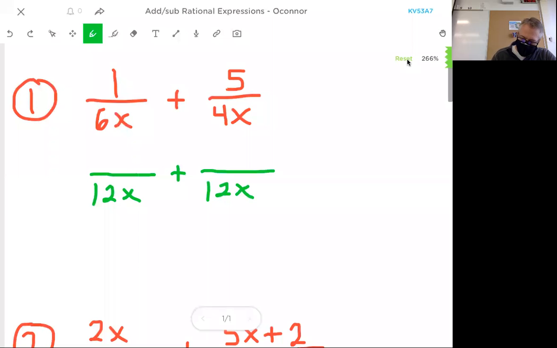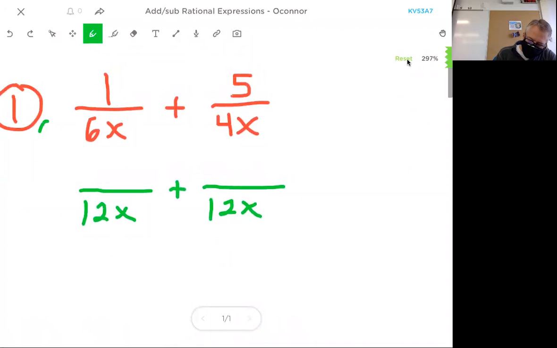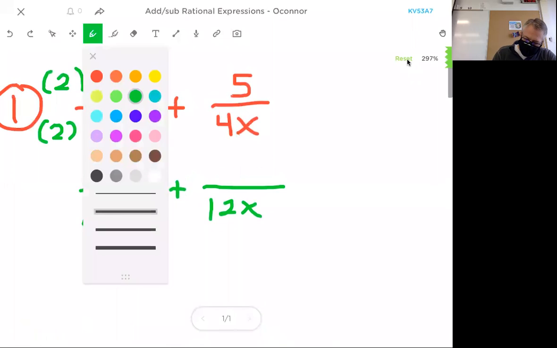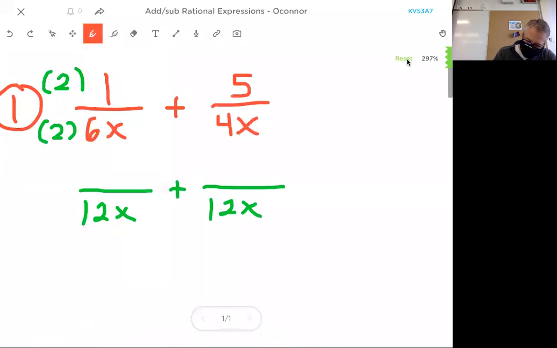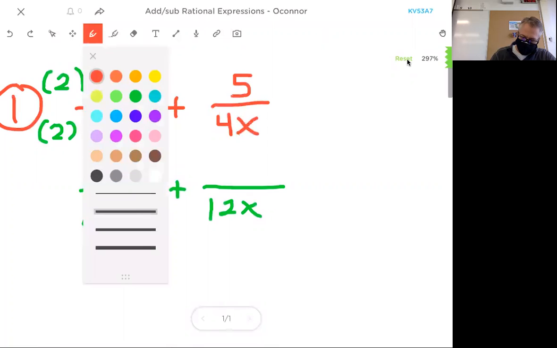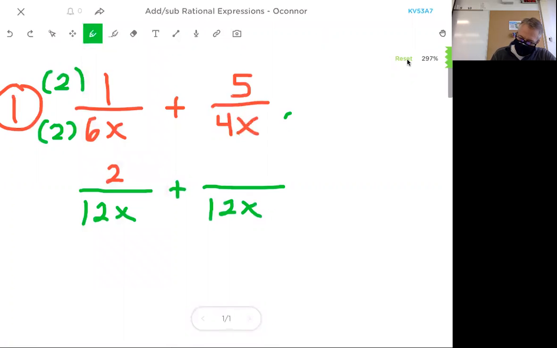And so on the left side, I'm multiplying the top and bottom by 2. And so that's going to be 2 over 12x on the top. And on the right side, I'm multiplying the top and bottom by 3.